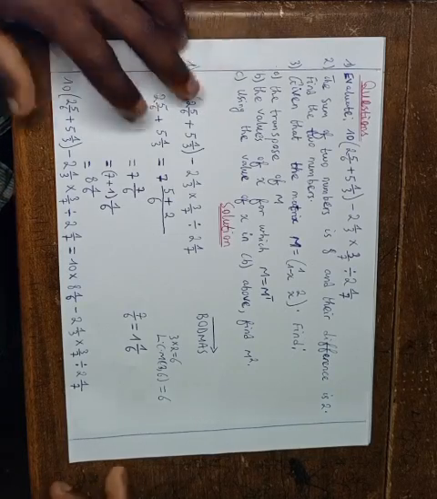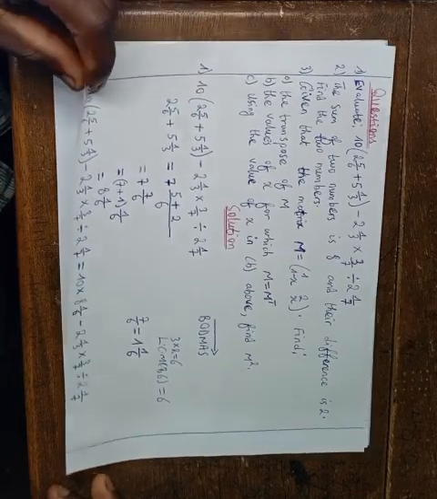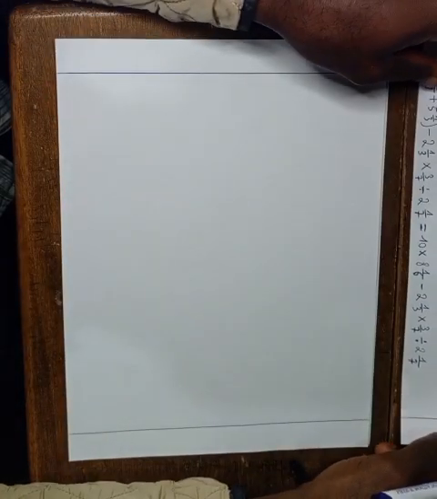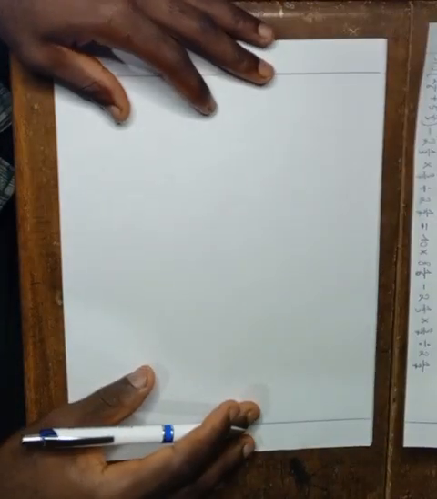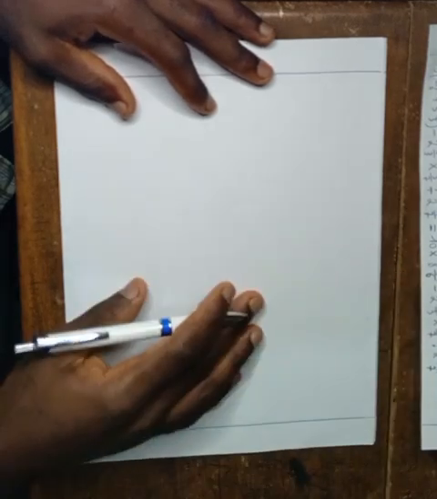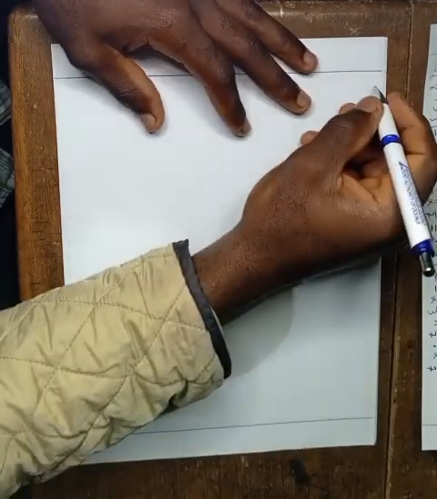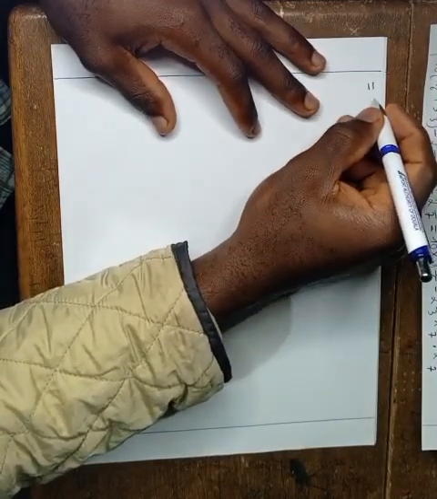Next step, we are going to convert all the mixed fractions to improper fractions. So this will simply be equal to 10.